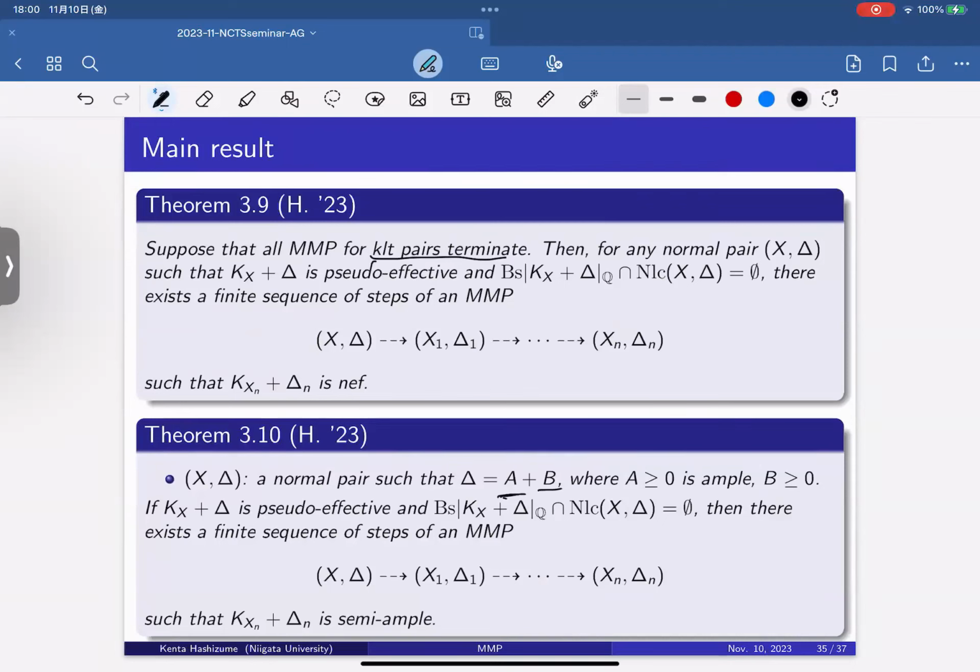This is a generalization of the result of Fujino and me. Let (X, Δ) be a normal pair such that Δ is an effective ample divisor plus an effective divisor, and suppose that (X, Δ) satisfies the following condition. Then we can construct a finite sequence of an MMP such that the resulting pair satisfies the semi-ampleness of the canonical divisor. This is my recent result.